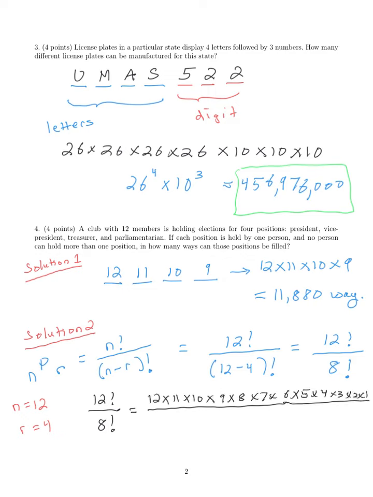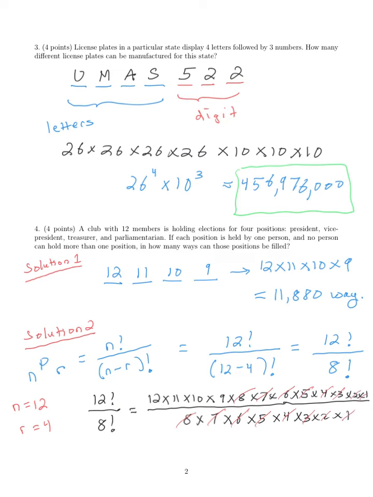And if you divide by 8 factorial, which is 8 times 7 times 6 times 5 times 4 times 3 times 2 times 1. Notice that 8 factorial can be completely canceled. This 8 cancels with that, 7 cancels with this, 6 cancels with that, 5 with 5, 4 with 4, 3 with 3, 2 with 2, and 1 with 1.